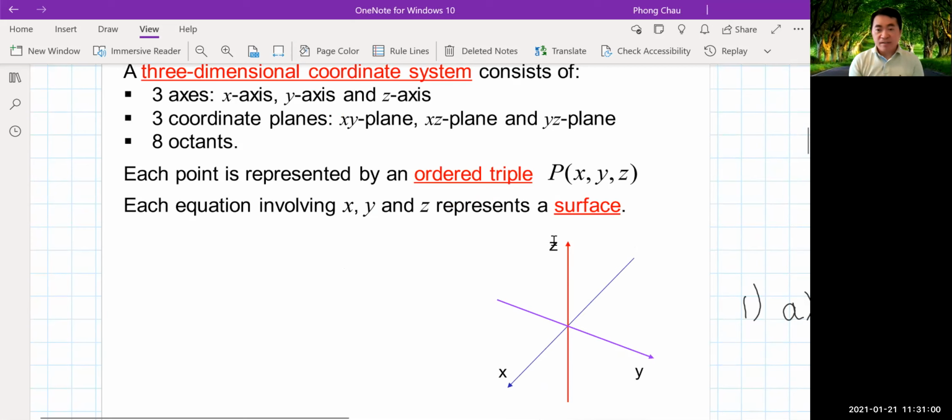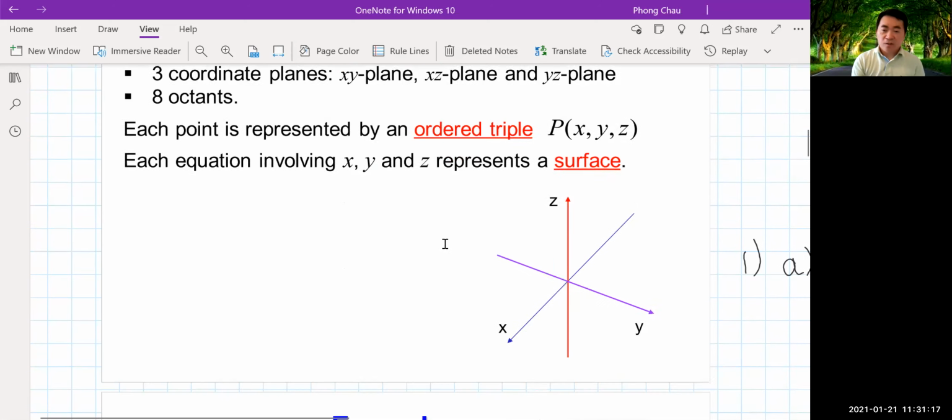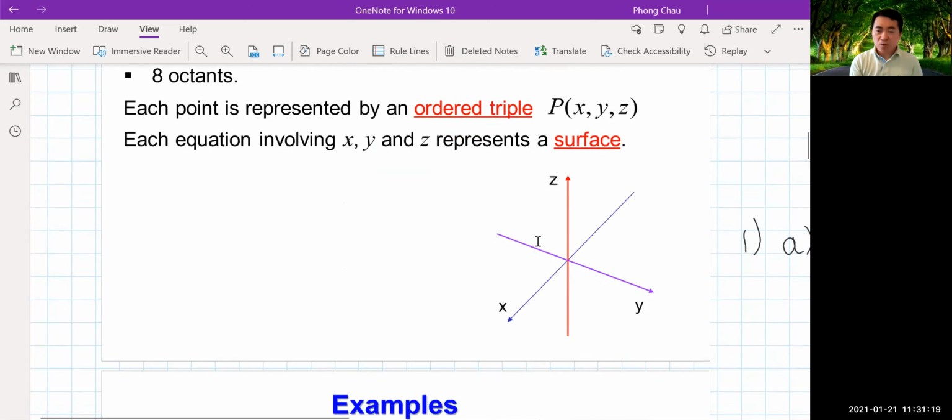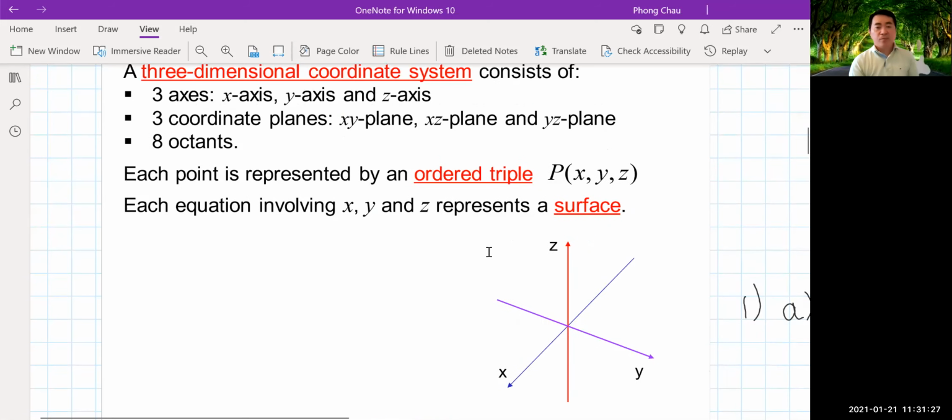So the y-axis is the horizontal axis that points to your right, from the computer's view. So the x-axis points toward you, the y-axis to the right, and the z-axis points to the ceiling, upright. So we have three axes.